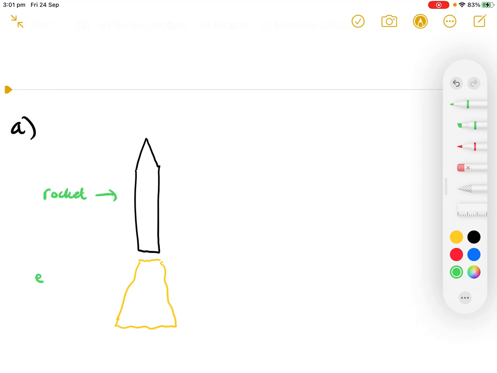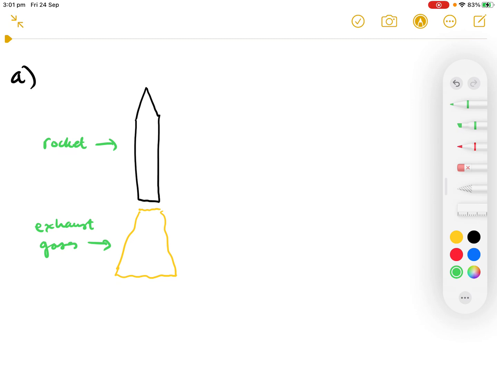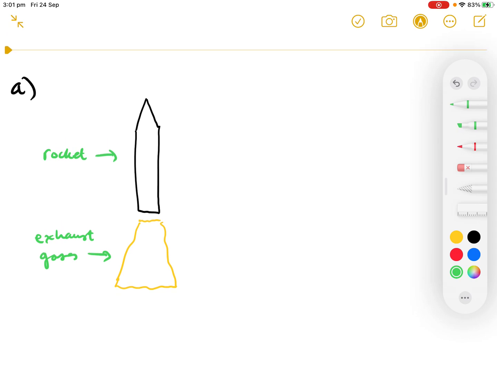There's the rocket itself, but there's also the exhaust gases. And the exhaust gases are a massive body, just as the rocket itself is a fairly massive body.